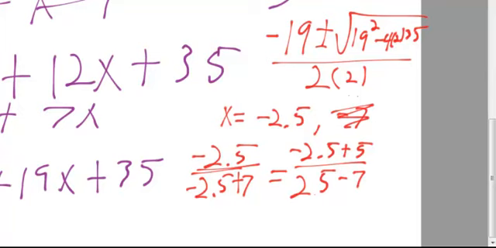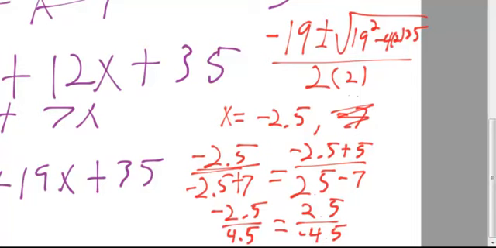And so we're going to get a negative 2.5 over 4.5 and a negative 2.5 over a, I'm sorry, that will be a positive 2.5 over a negative 4.5, which will be the same. And so to eliminate the decimals, we're going to multiply it by 2 and 2. So we'll have negative 5 over 9 equals negative 5 over 9.